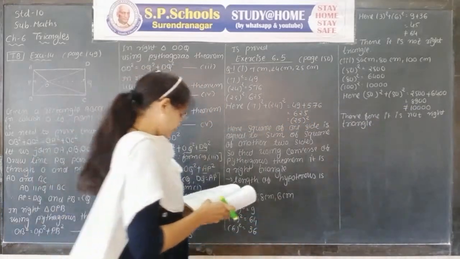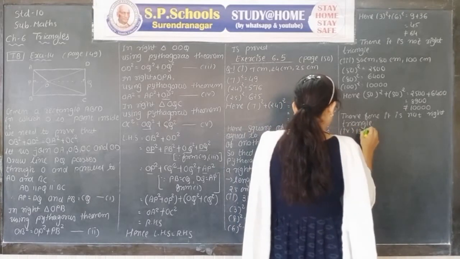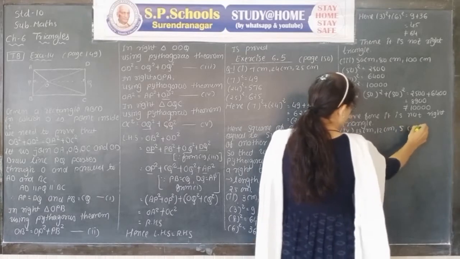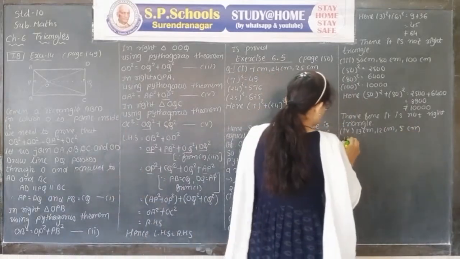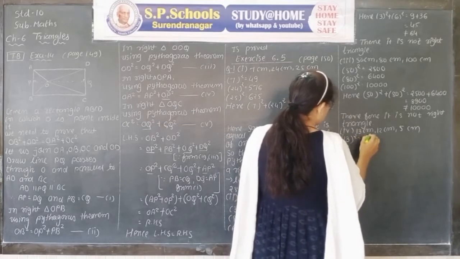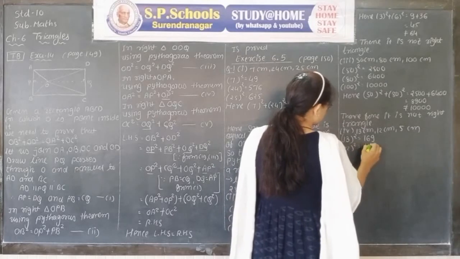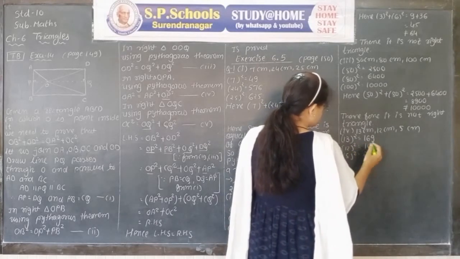Now the fourth one, 13 centimeter, 12 centimeter and 5 centimeter. Do the squares of all sides. Square of 13 is equals to 169. Square of 12 is equals to 144 and square of 5 is equals to 25.